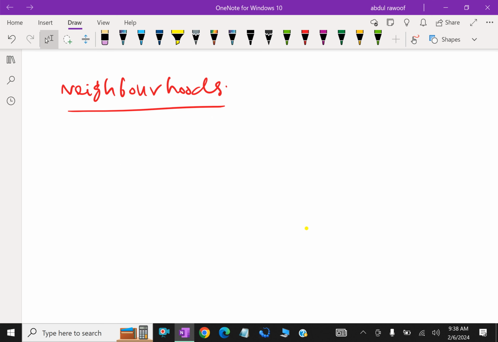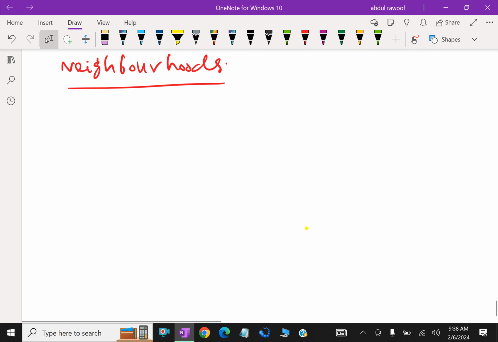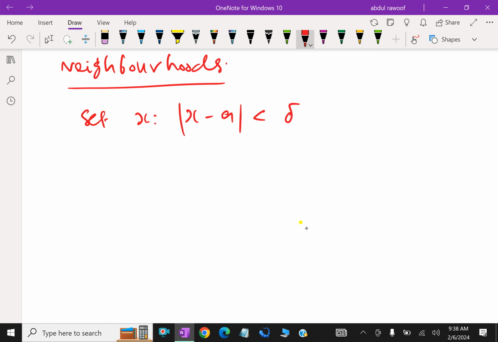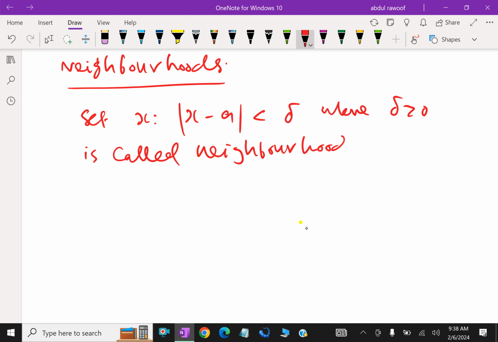The set of all points x such that the absolute value of x minus a is less than delta, where delta is positive, is called a neighborhood of the point a.